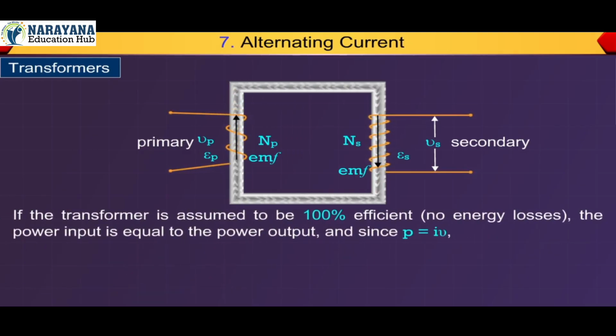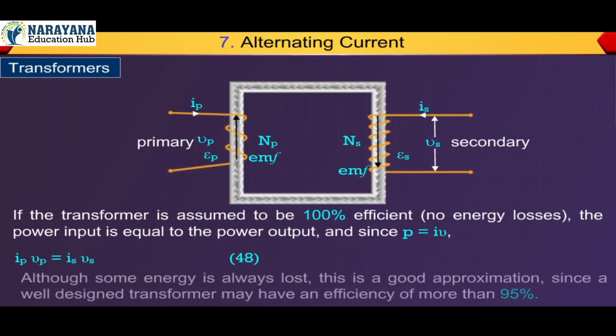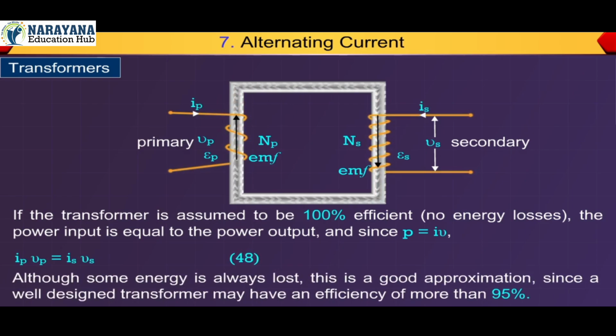If the transformer is assumed to be 100% efficient, that is no energy losses, the power input is equal to the power output, and since P = IV, IpVp = IsVs, equation 48. Although some energy is always lost, this is a good approximation since a well-designed transformer may have an efficiency of more than 95%.